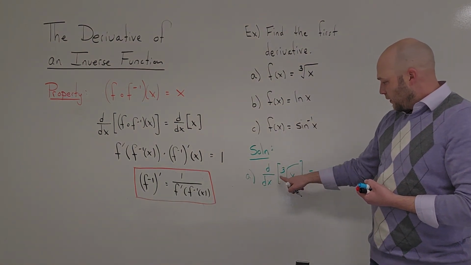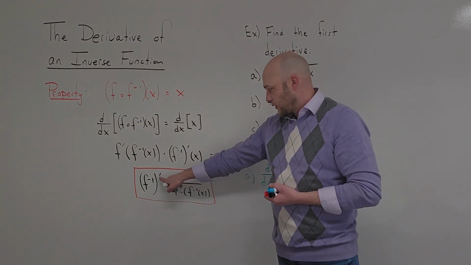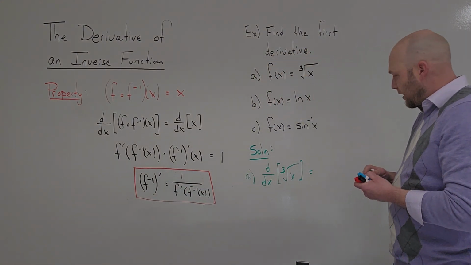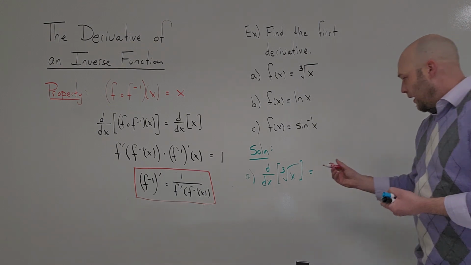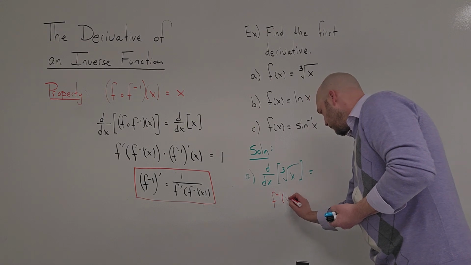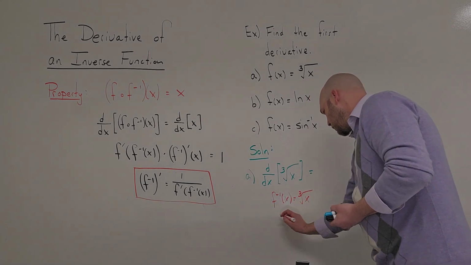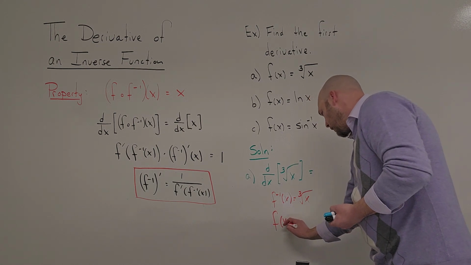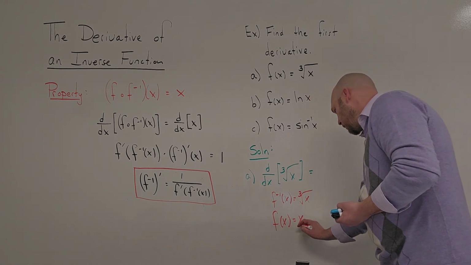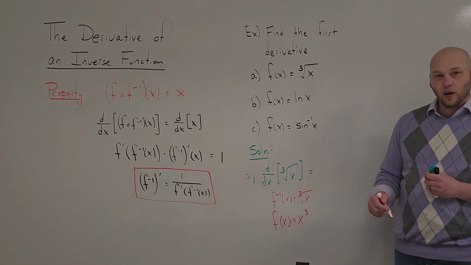So this is the derivative of the cube root, this is the function, the f inverse, so therefore, we've got the derivative of f inverse. What that means is I'm going to identify f inverse as the cube root, which tells me that the original function f would be the inverse of the cube root, which is x cubed. So these are inverses of each other.